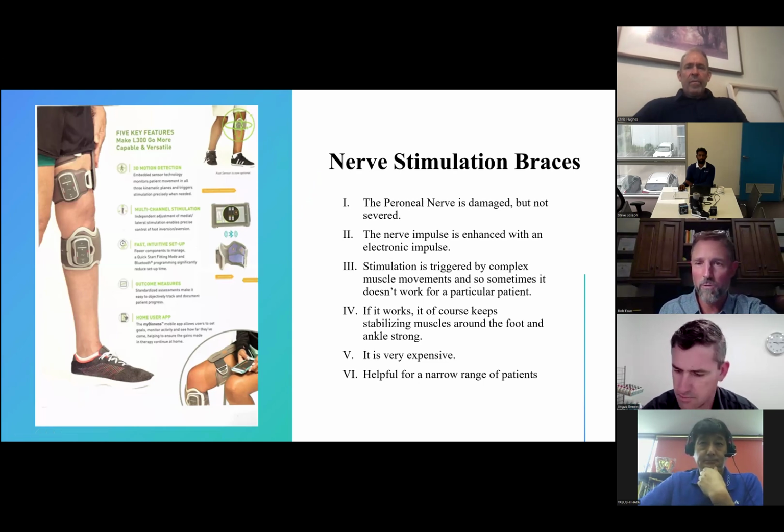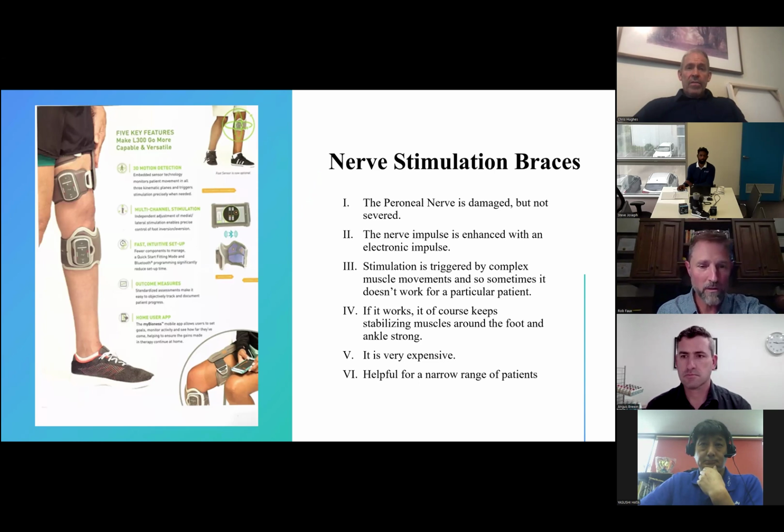Many of you are probably familiar with some of these. They are very expensive, but also very technologically interesting, and when done well, they can allow for isolated muscle group stimulation and timing to fit into the gait cycle, allowing the ankle to elevate during the swing phase of gait.